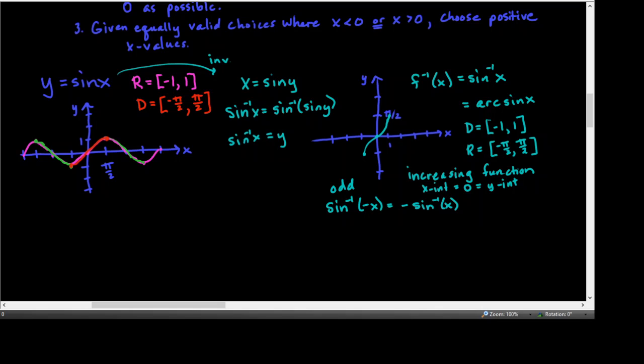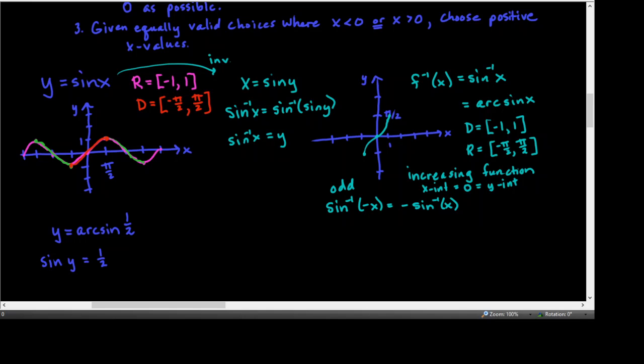So using what we just learned, if I gave you y equals arc sine of 1/2, what that means, and this is what we're going to do whenever we have an inverse trig function or an arc trig function, is we're going to start by rewriting that using the definition of the inverse function. It's saying that the sine of some angle y is 1/2. So the sine of that angle y is 1/2.